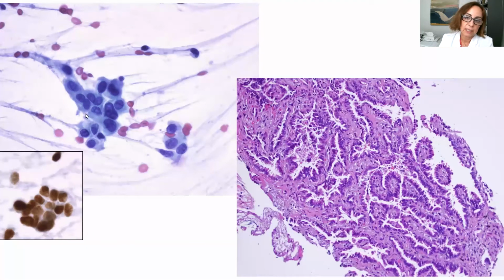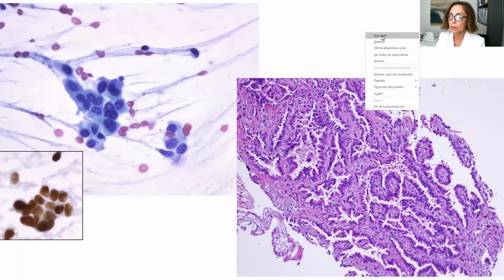We get this very nice smear with this cytonuclear inclusion. TTF1 was positive, and on the cell block is a very nice... well, it's not a cell block; it's actually a biopsy. We found this lesion, which is adenocarcinoma with lepidic growth.